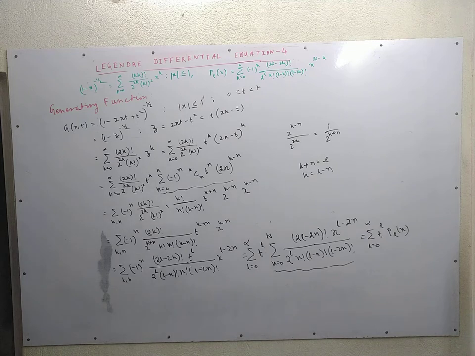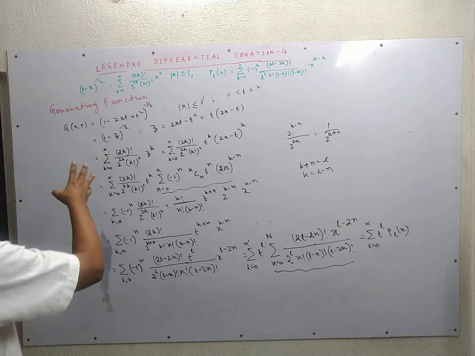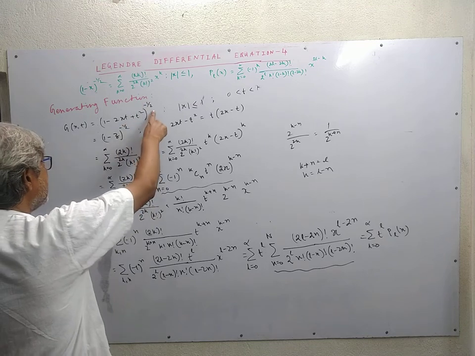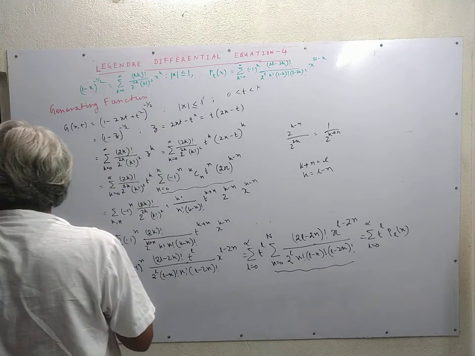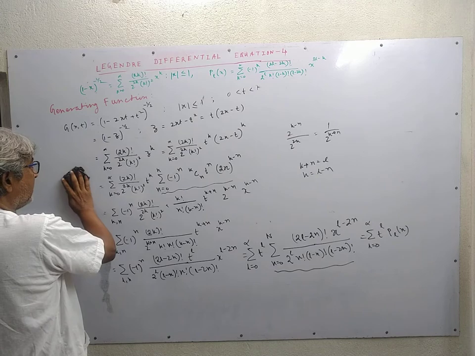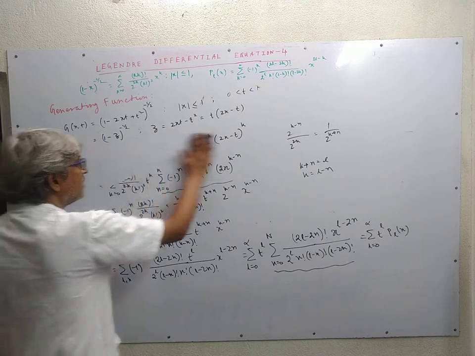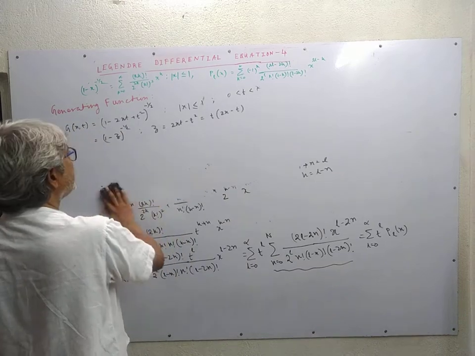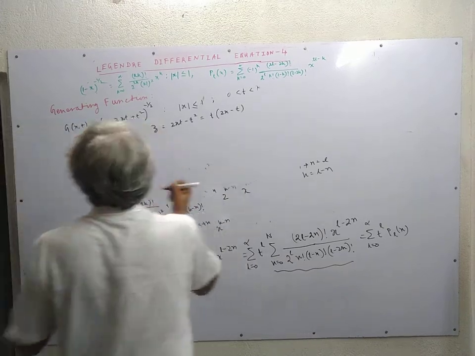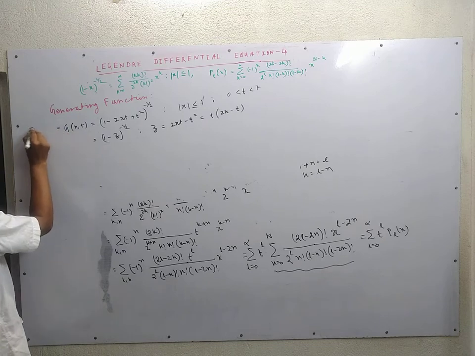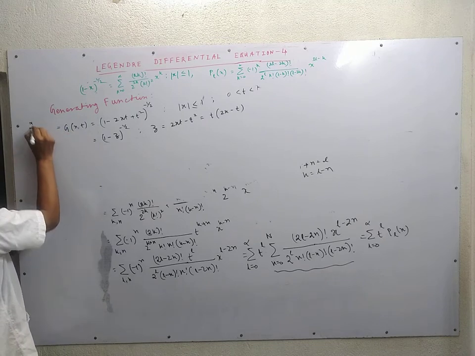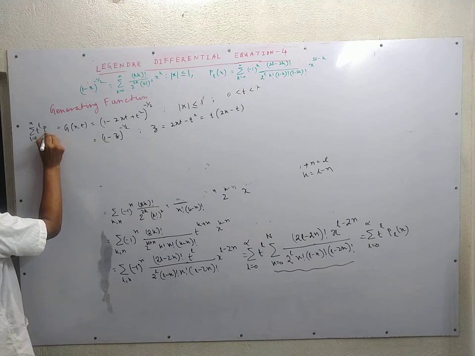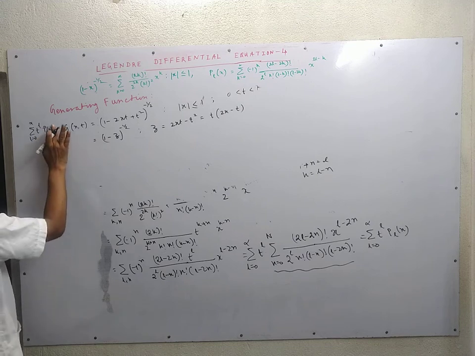To show its utility, let me use this function, and we use this expansion for a few low order terms. So we know that this is equal to sum over L equal to 0 to infinity t to the power L P_L of x.